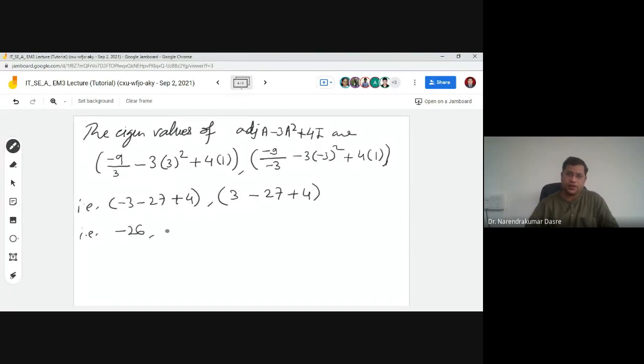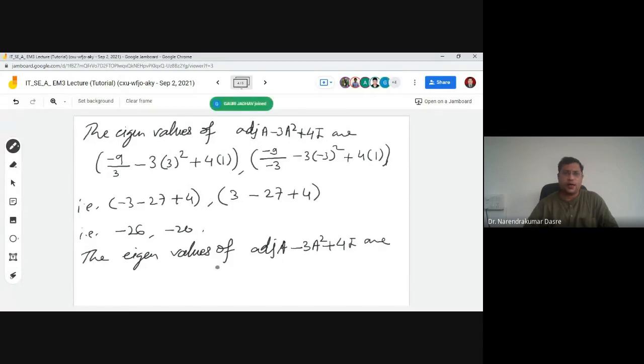And what will be this eigenvalue? -20. So we can say the eigenvalues of adjoint of A minus 3A square plus 4I are -26 and -20.